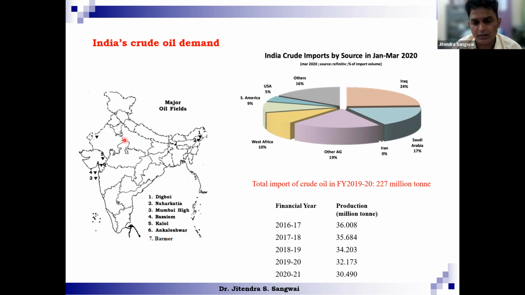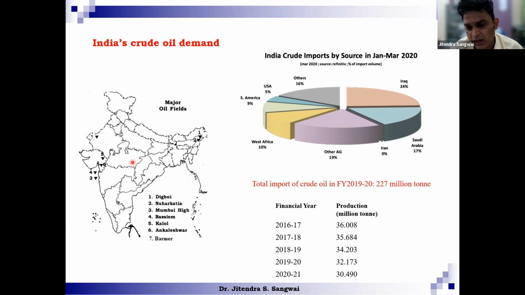Similarly, how we age in our lifetime, right? And as we age, we start showing problems in our health. So similarly, when these oil reservoirs age, they start showing significant problems in recovery potential, right?